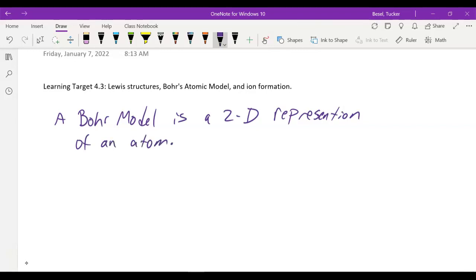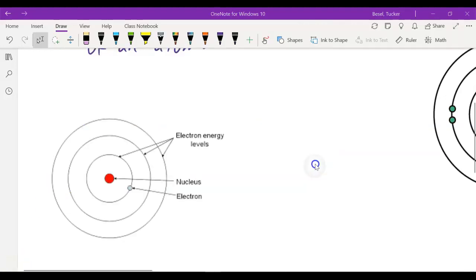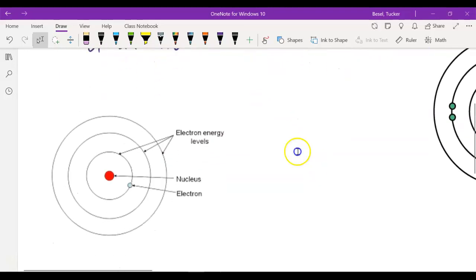It's a 2D representation of an atom. An atom is really three-dimensional, so it's not 100% accurate, but it does a great job of showing how things could look and helps you understand the important things about an atom. Here is a very general and simple Bohr's model. This is the Bohr's model for hydrogen.